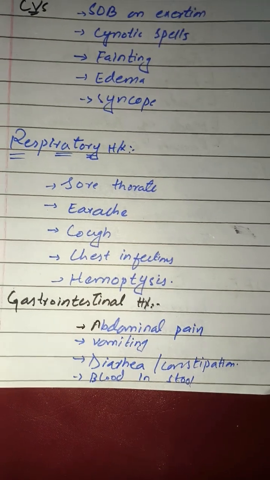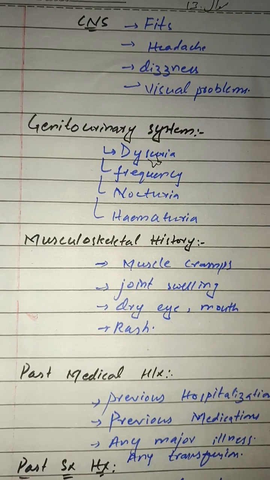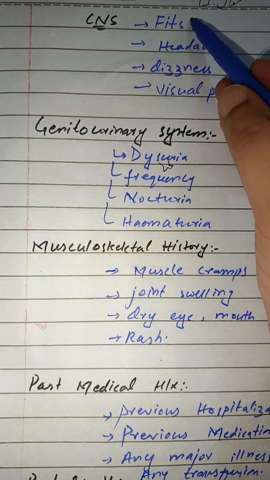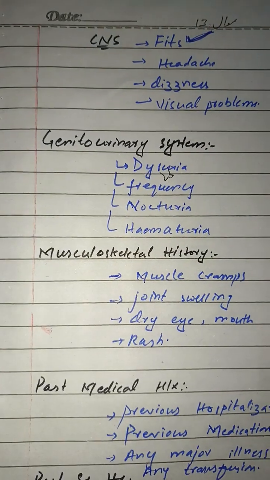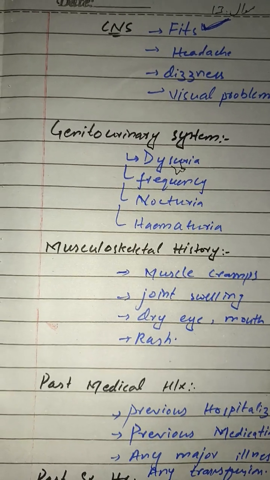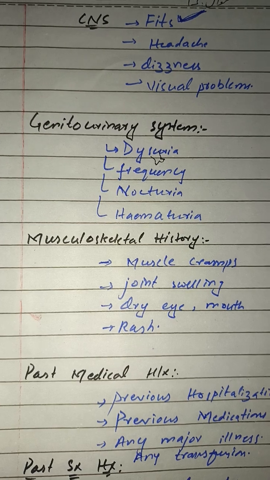constipation, blood in stool. In the CNS, we have to ask about fits, because more children at childhood age present with fits and seizures. It is very common in the child age group.